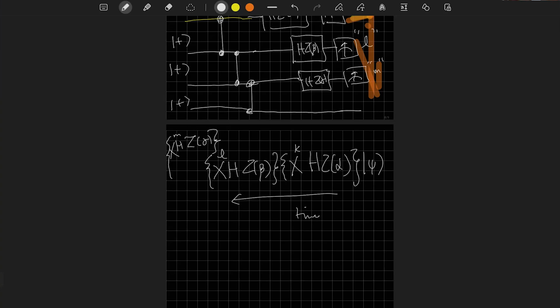So this is similar to the original 3-qubit Z rotation that we had. It's similar, but it has a structure at least constructed, and we can refine it further.